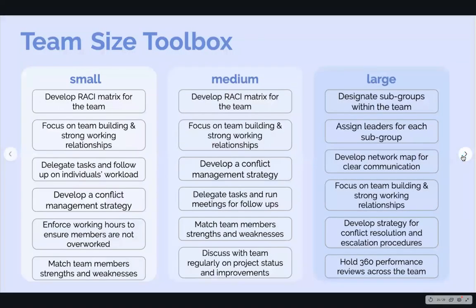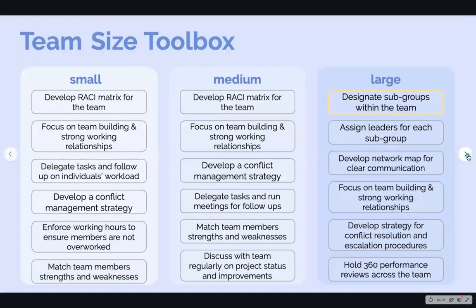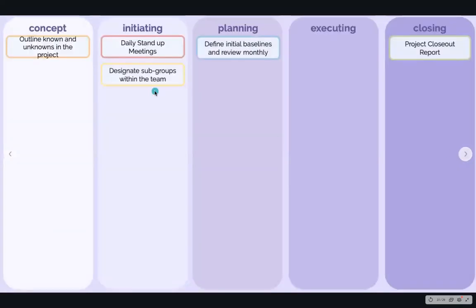Again, for team size, we said that we've got a large team, and that would be designating subgroups within the team. Designating subgroups would be in the initiation phase, where you assign each part of the project to each group.